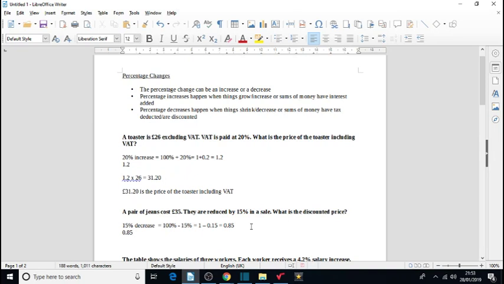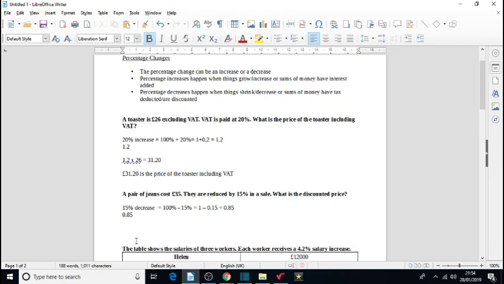And what did I say? Percentage decreases have a multiplier less than 1. This is why it's a decrease. So with 0.85, we're going to work out how much its discounted price is. So we're going to use the multiplier and multiply it by how much the jeans cost at full price when it's not being reduced. That is £35. I'm going to work out 85% of £35. That is our way of working out how much they are when they're reduced in a sale.